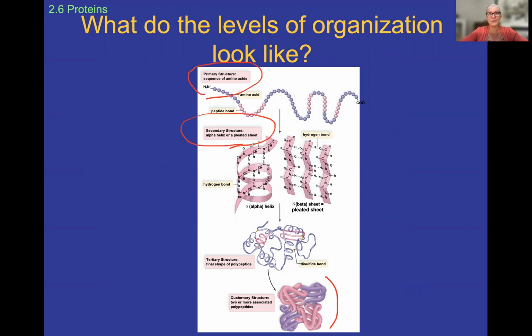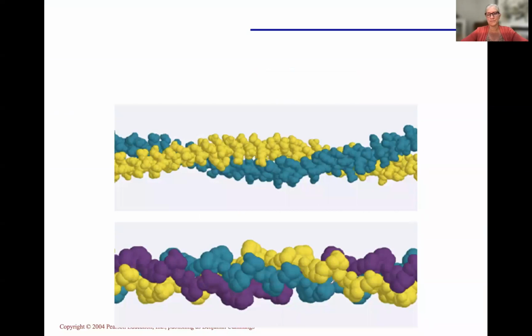Secondary structure, begin to see the spiral or these funny foldings called beta sheets, pleated sheets, I guess. Tertiary, that 3rd level, is when we begin to see a 3-dimensional shape, even more so. And then sometimes you get to a 4th level where here you can see 4 different tertiary structures that come together. And this would be what hemoglobin would look like.